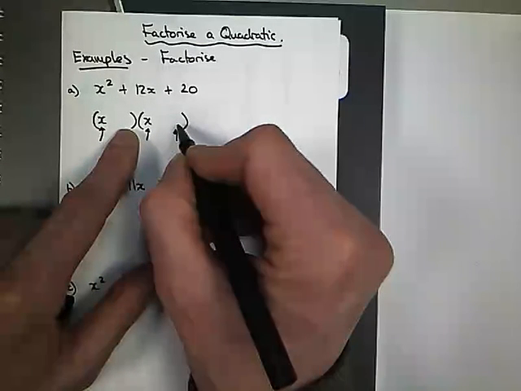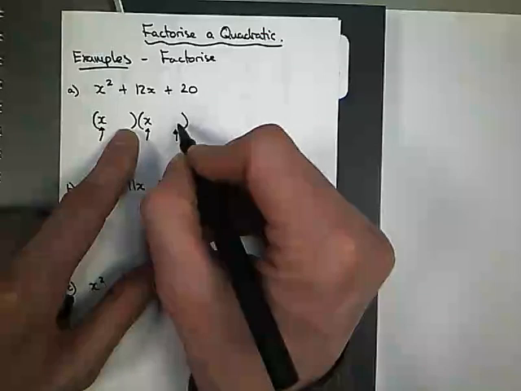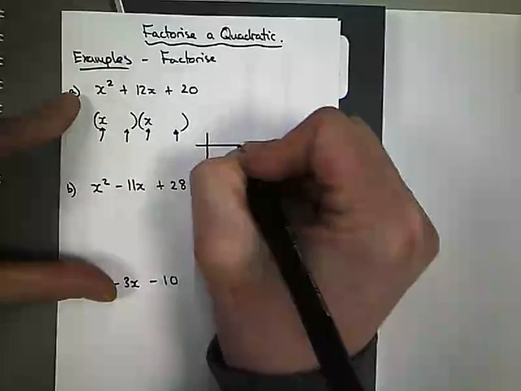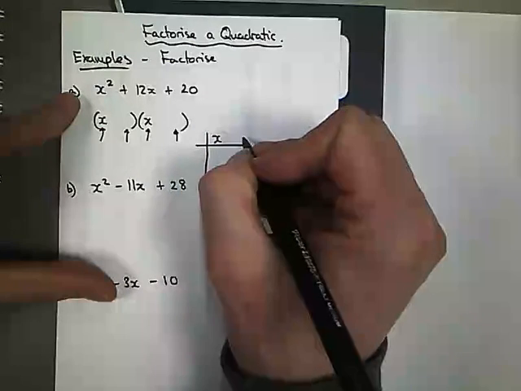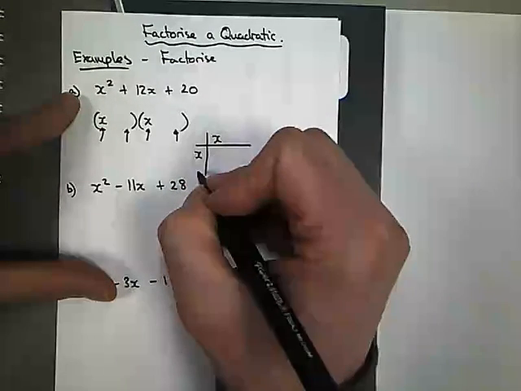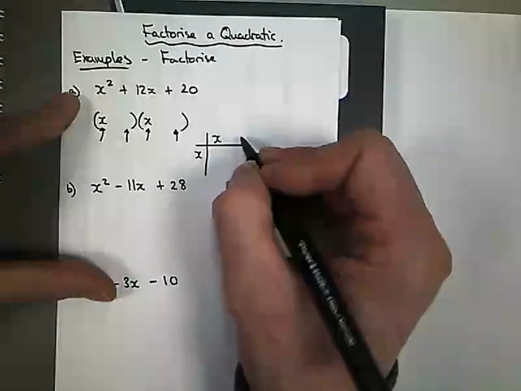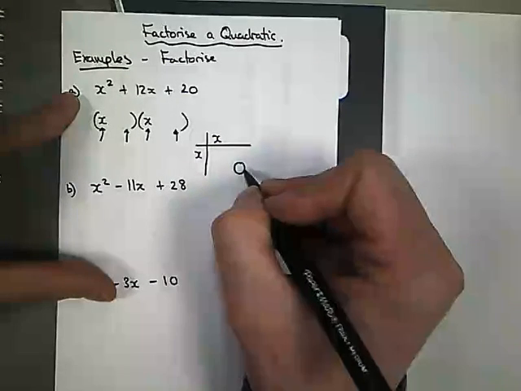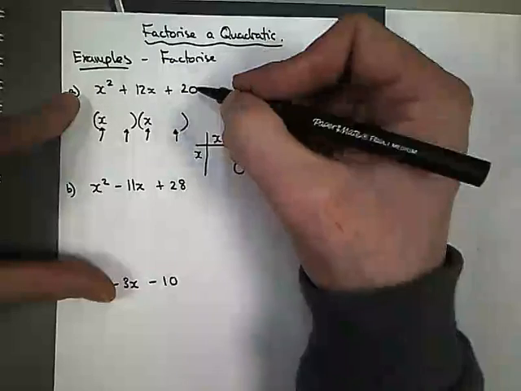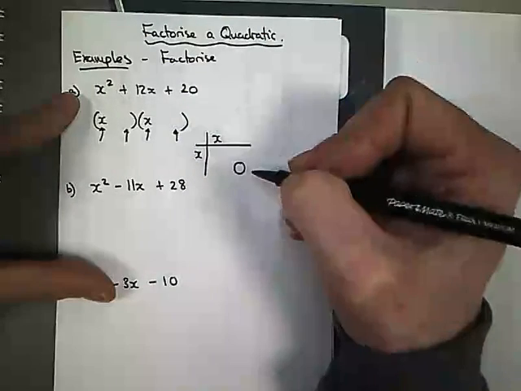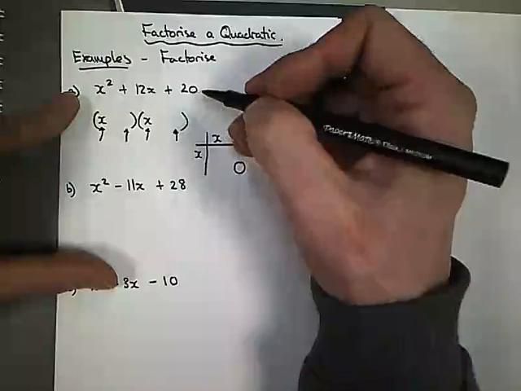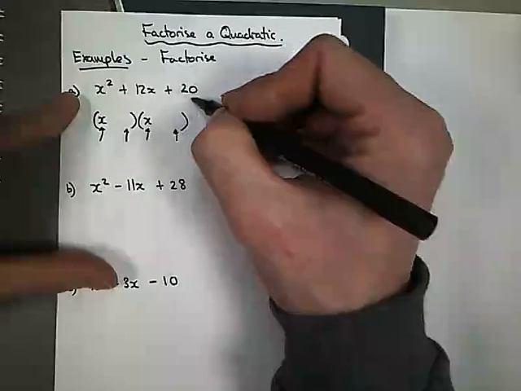If I expanded this bracket using my grid method, because remember, I would have x and a number, x and a number. These two numbers would multiply to make this number, and this number is the one that goes here, and that's your 20. So what I'm looking for is a pair of numbers that multiply to make a plus 20.